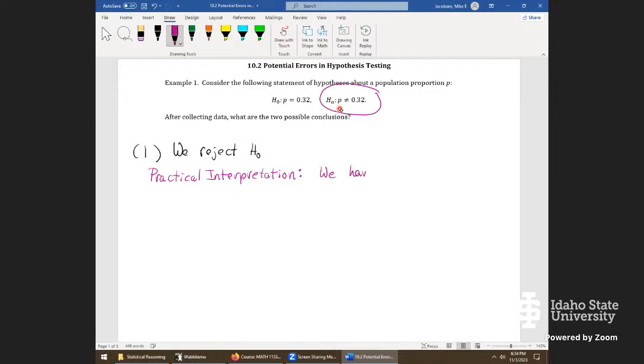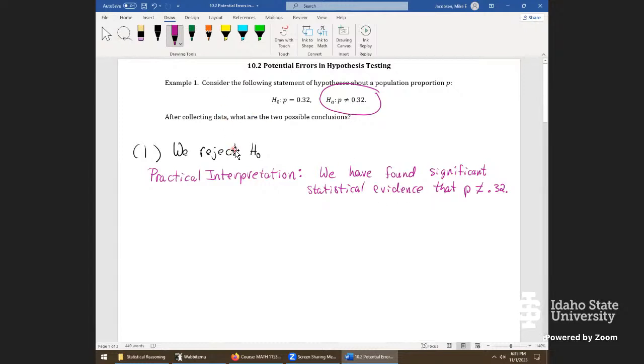We have found significant statistical evidence that P is not equal to 0.32. So that will be the interpretation, but keep in mind, we have to write in what P equals, just like in confidence intervals for practical interpretations.